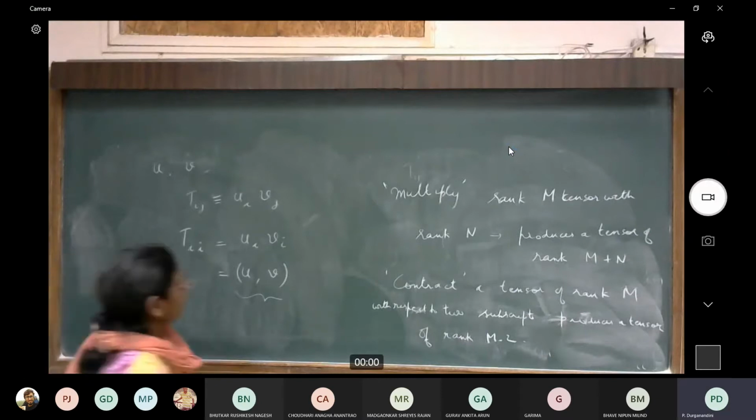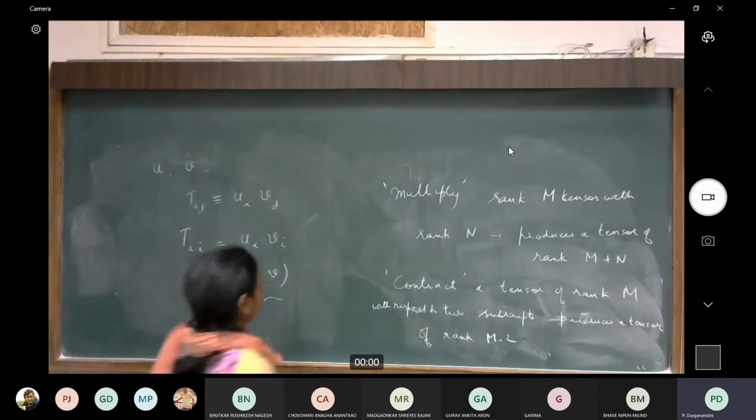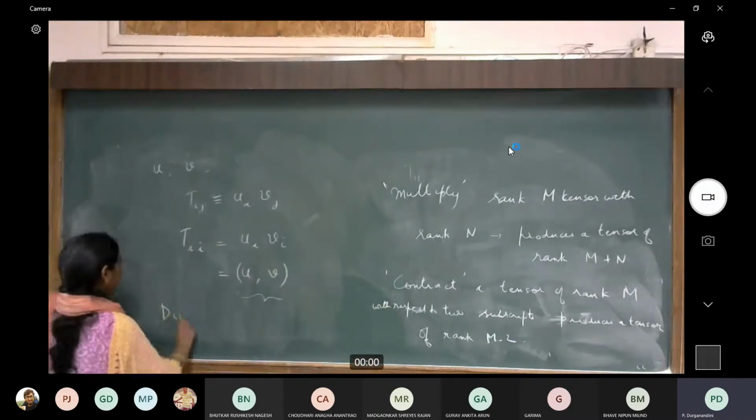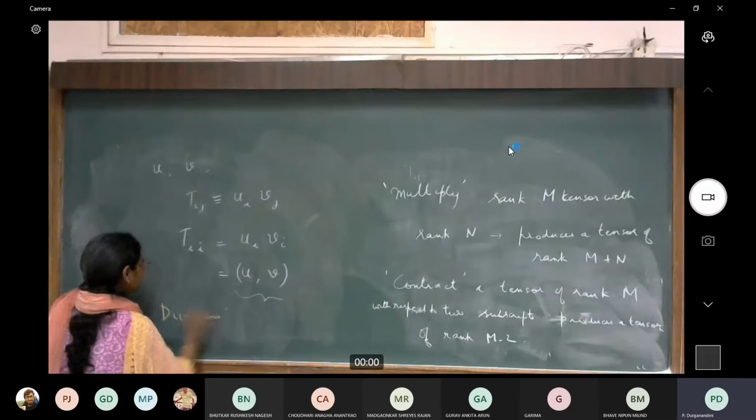So I've talked about adding, subtracting, multiplying in quotes, contracting. Then you can ask whether I can do division of tensors.